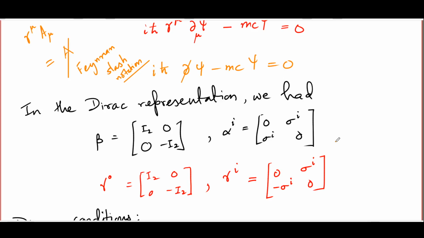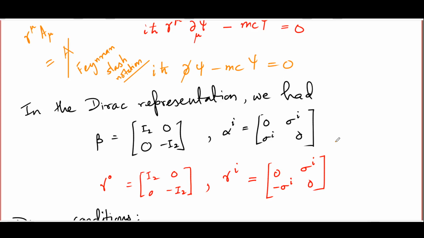It's again a 2 by 2 block matrix with 0 and sigma i on the top row. 0 of course is a 2 by 2 zero matrix, and minus sigma i, 0 in the bottom row. Once again, let me stress that any set of 4 matrices which are related to these by unitary transformations will also work as gamma matrices.